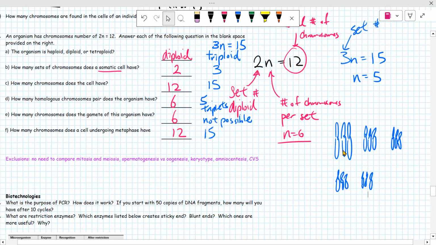As an analogy, think about setting up a table for a family dinner. How many sets of utensils do you need? Fork, knife, spoon, that's one set.